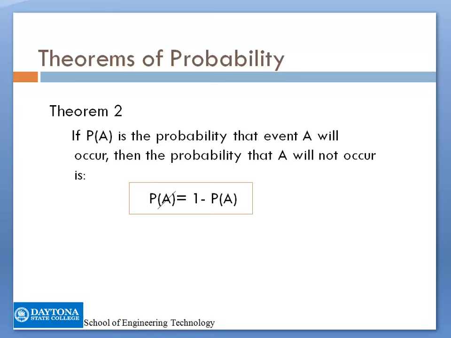It will be 1 minus 0.040, which is 0.960, or expressed as a percentage, 96%. So if you want to find the probability that an event will not occur, you just subtract the probability of occurrence from 1.